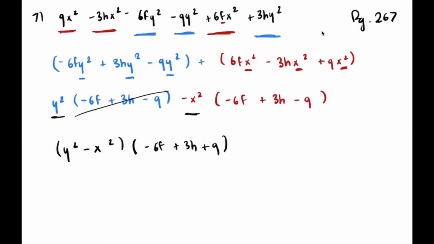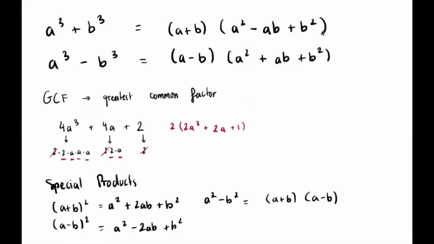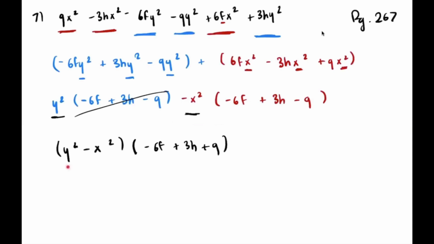Yes, y squared minus x squared, which follows the rule that we have written here: a squared minus b squared, which is a plus b times a minus b. So we also have to expand this binomial, which will be rewritten as y minus x times y plus x times negative 6f plus 3h plus g.